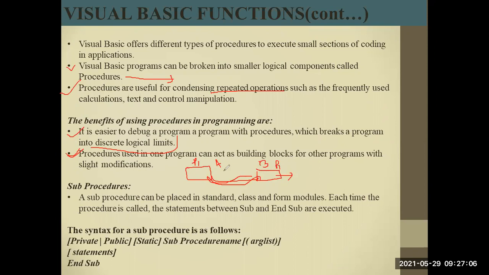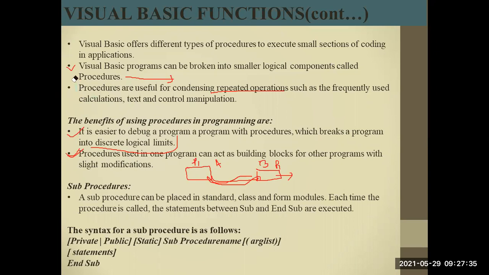That means the reusability of procedures is possible, and that is the important benefit. A procedure used in one program can act as a building block for another application with slight changes.